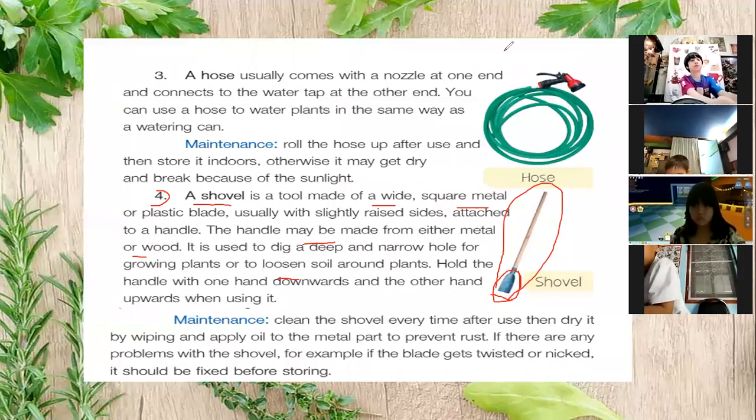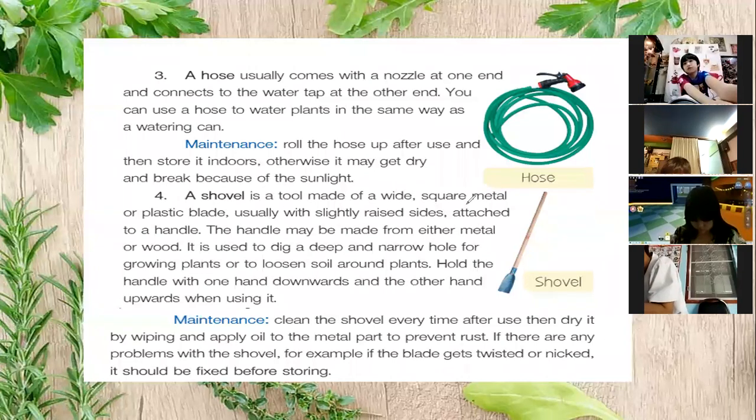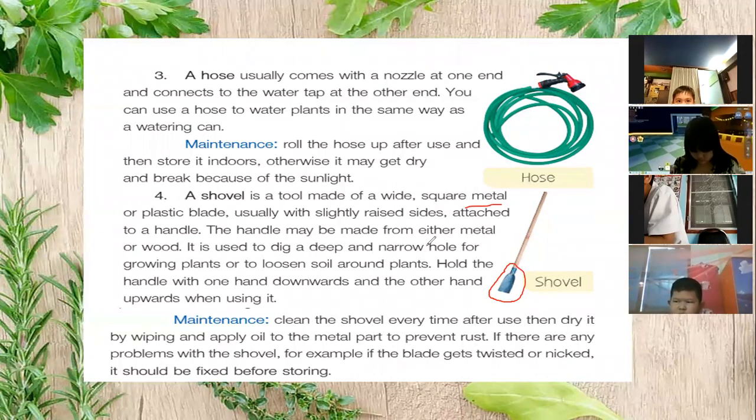So this is one of the important tools we use for gardening. What is it made from? It's made from metal. Some of them are also made from plastic, but usually it's made from metal, with a slightly raised side attached to a handle.